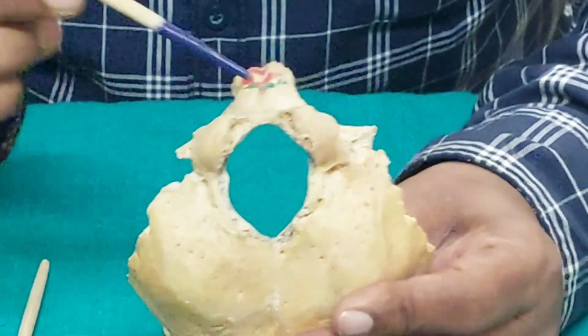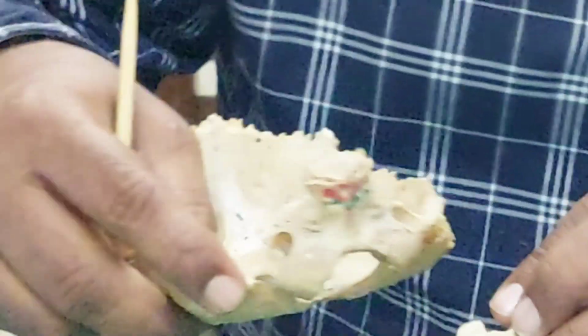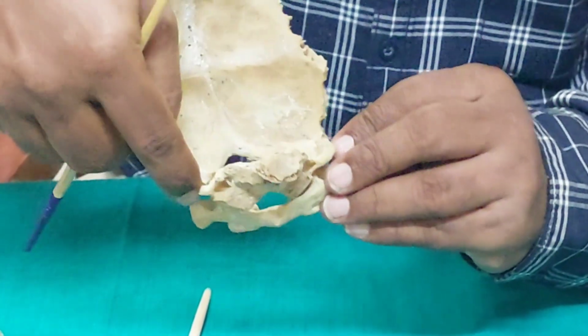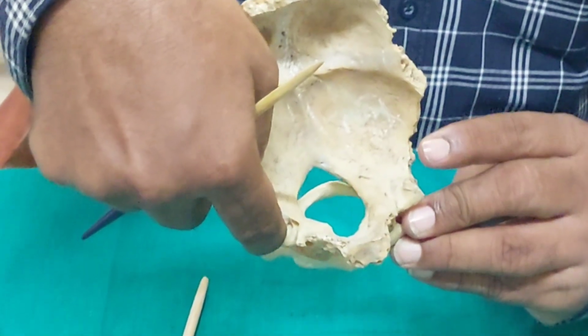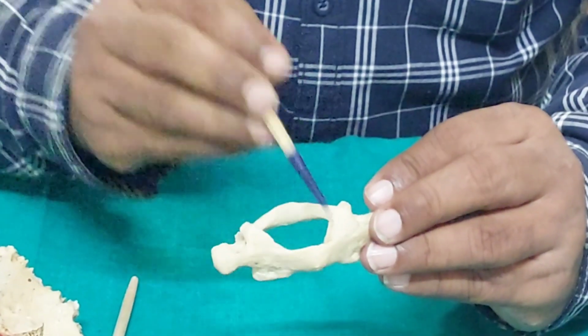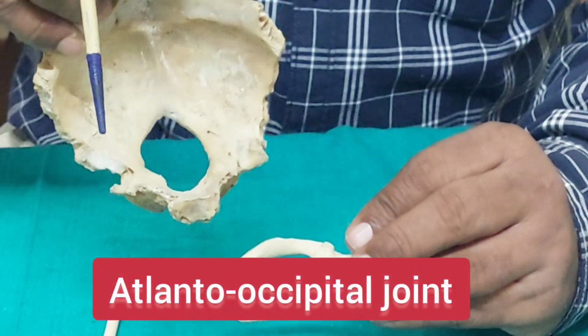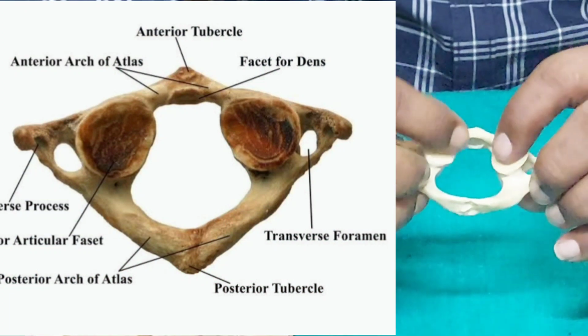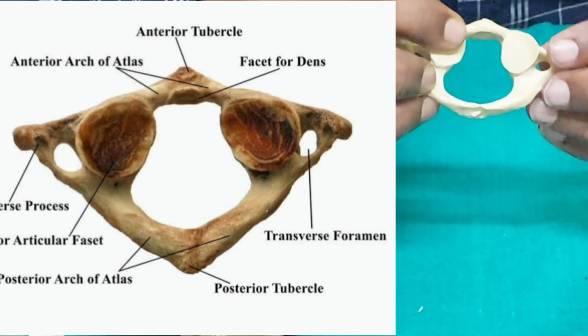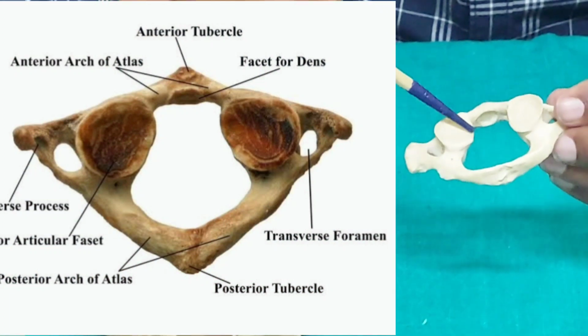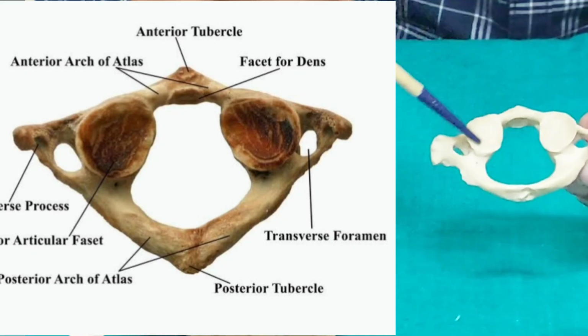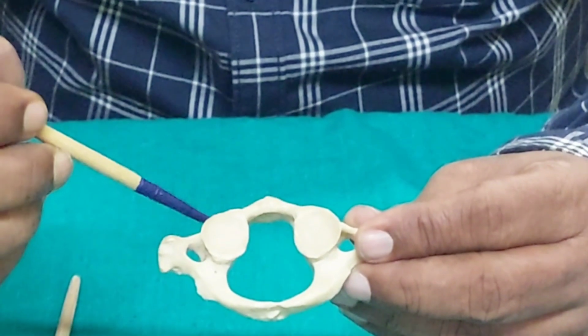This is convex, but this is concave. So this convexity fits with the concavity of the first cervical vertebra, forming atlanto-occipital joint.